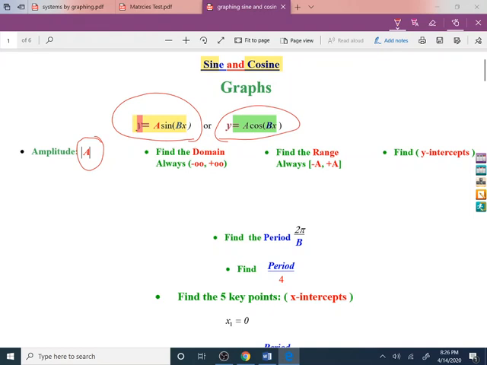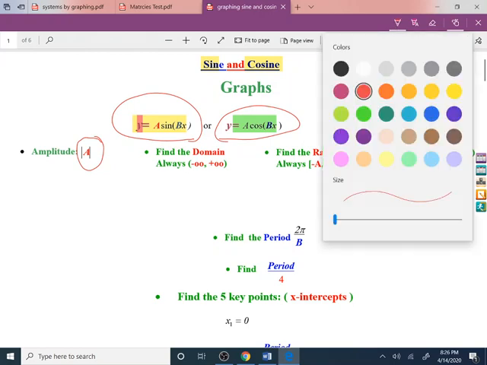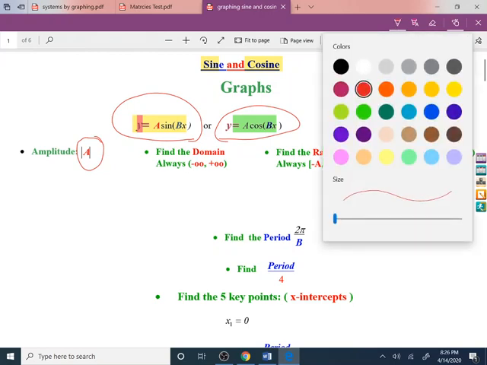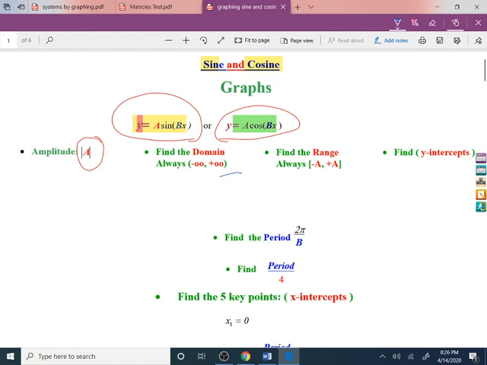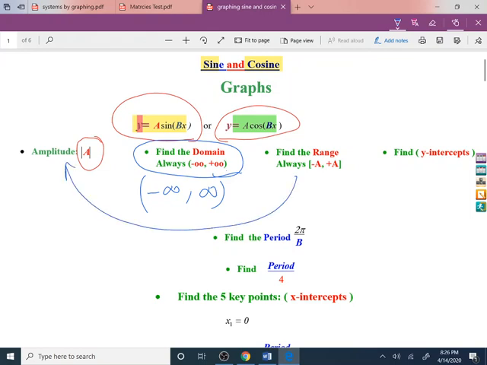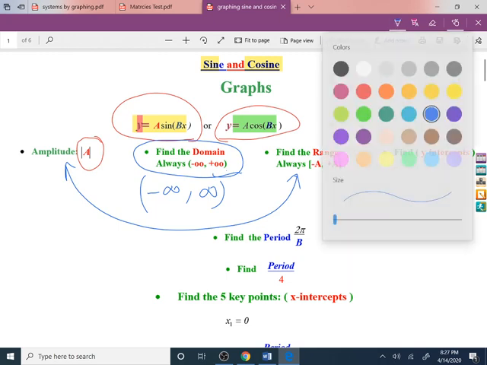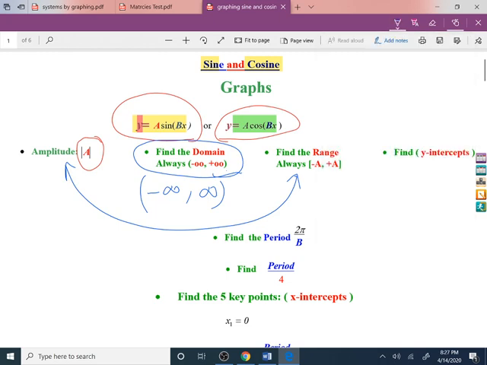The second thing you have to know is the domain. You're lucky for this one, because the domain for this function is always from negative infinity to positive infinity. Now, how about the range? The range is related to the amplitude.